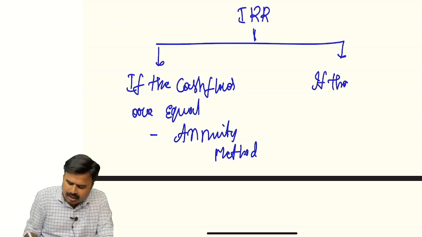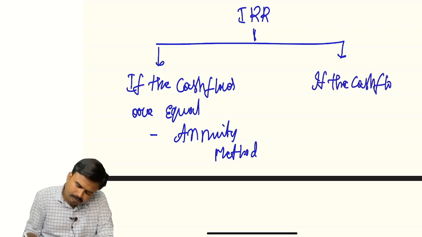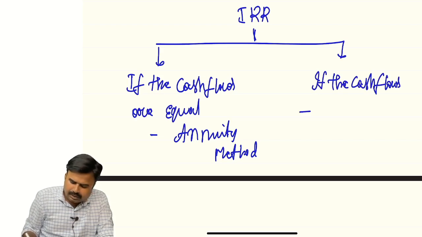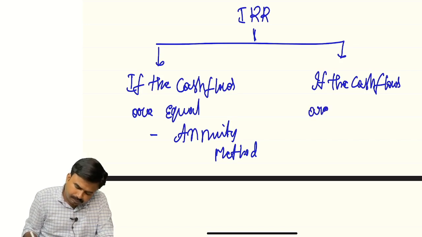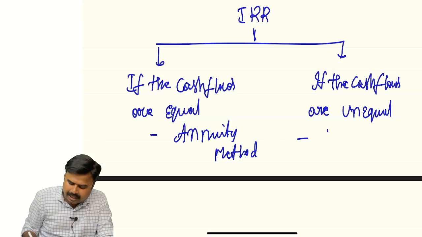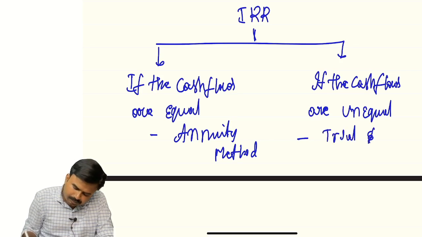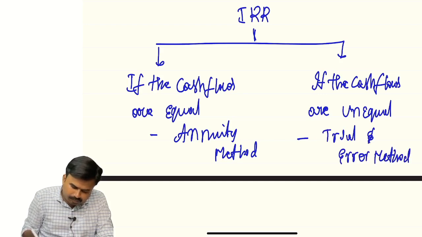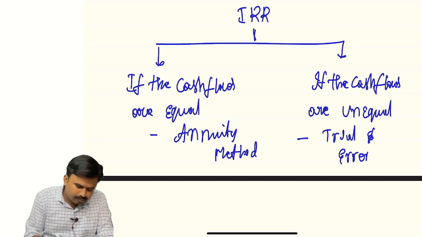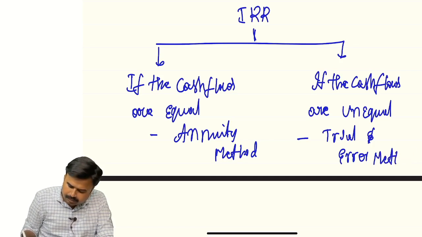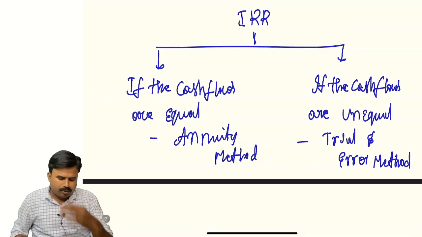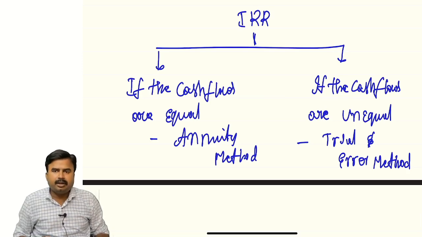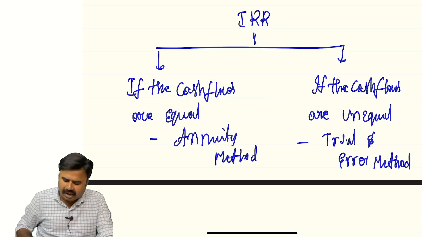If the cash flows are unequal, then I can use trial and error method. So if the cash flows are equal, I can use annuity method. If the cash flows are unequal, we can use what? Trial and error method.